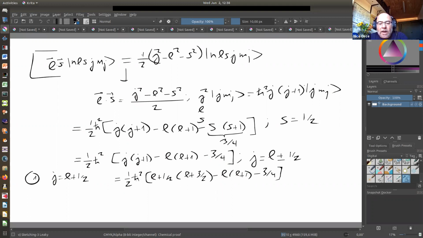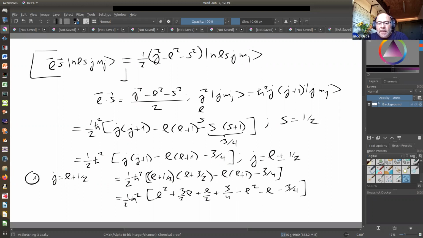And now, let's see, also this is a bracket here, so that will be 1/2 of h bar square. So that will be l square plus 3/2 of l plus 1/2 of l plus 3/4 minus l square minus l minus 3/4.